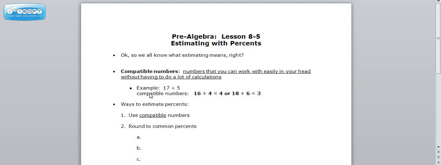So now moving on to our ways to estimate percents. Number one, use compatible numbers. Just like we did up here, you can round to the nearest number that makes it easy to do in your head, or you can round to common percents that you already know. For example, you know that 25% is 1/4 of something. So you could take and divide the number that you're given into quarters.